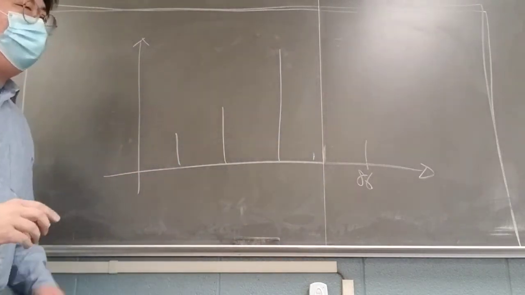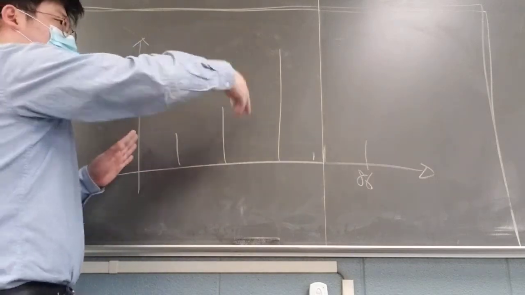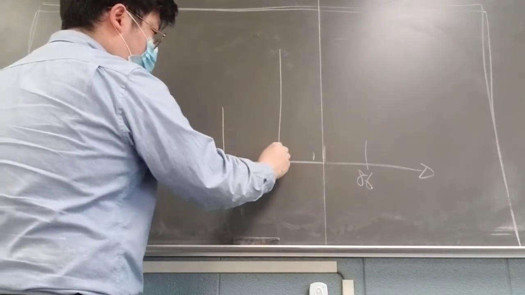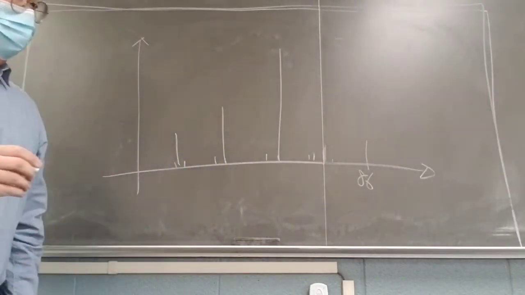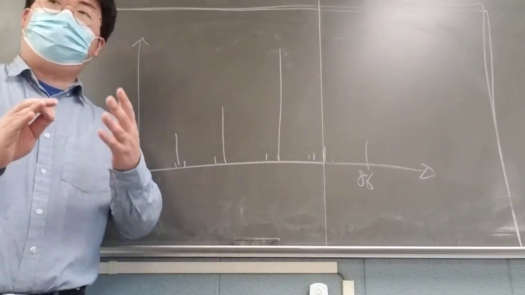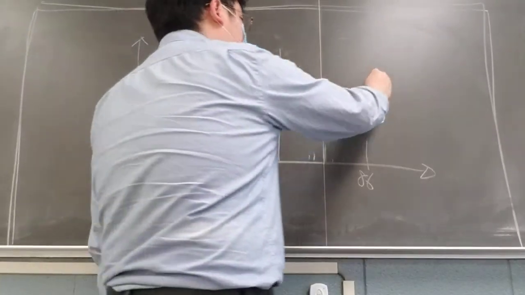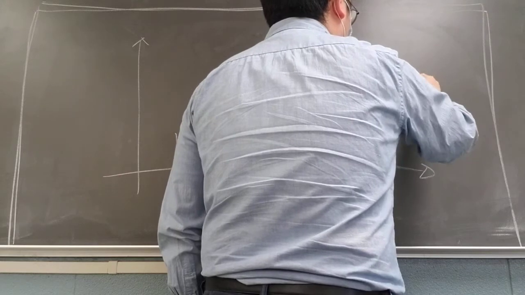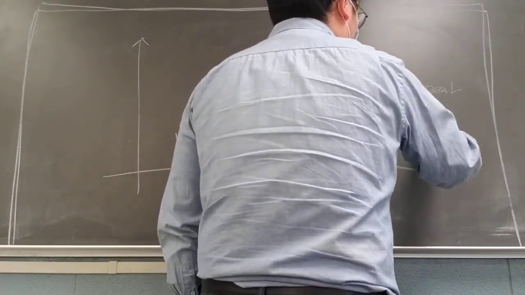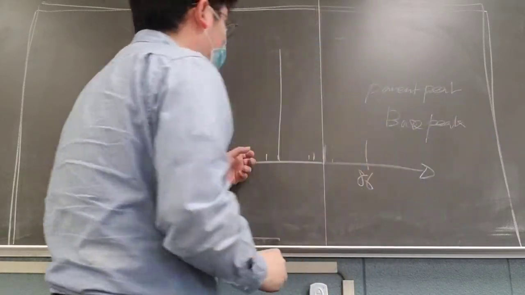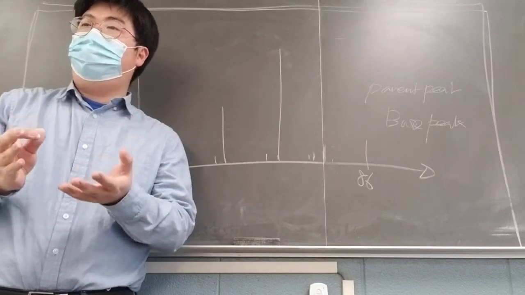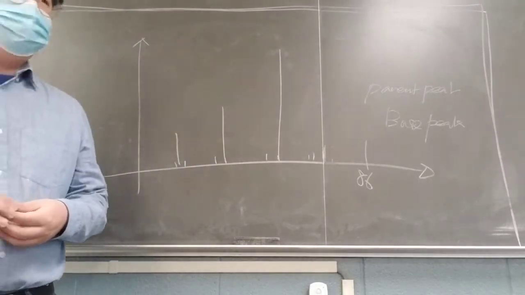This is a general pattern you see for a linear shaped alkane structure. And then I want you to find the parent peak and the base peak. So just copy this one real quick and try to look for which one is our parent molecular ion peak or the base peak. Okay.